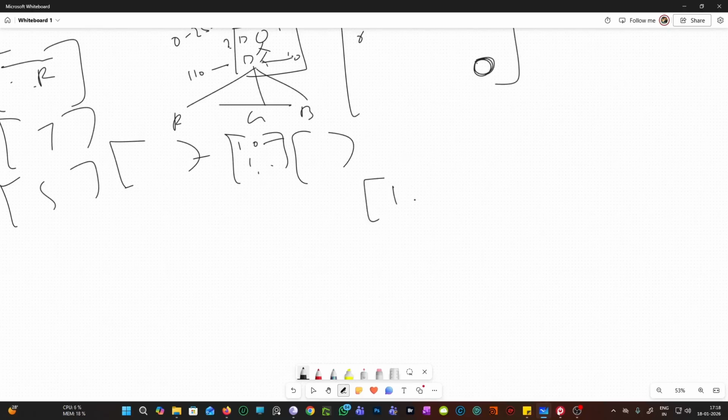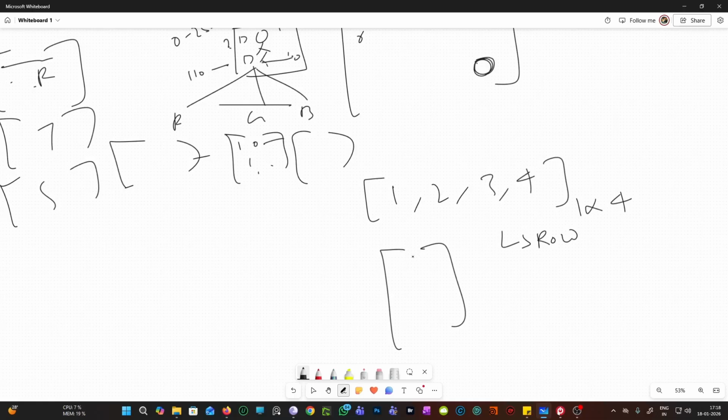So let's say we have a matrix that looks like this: 1, 2, 3, 4. So you can see this matrix has only one row and 4 columns, right? So this matrix is called a row matrix, right? And similarly, if we have a matrix that looks like this: 2, -1, 0, 4.